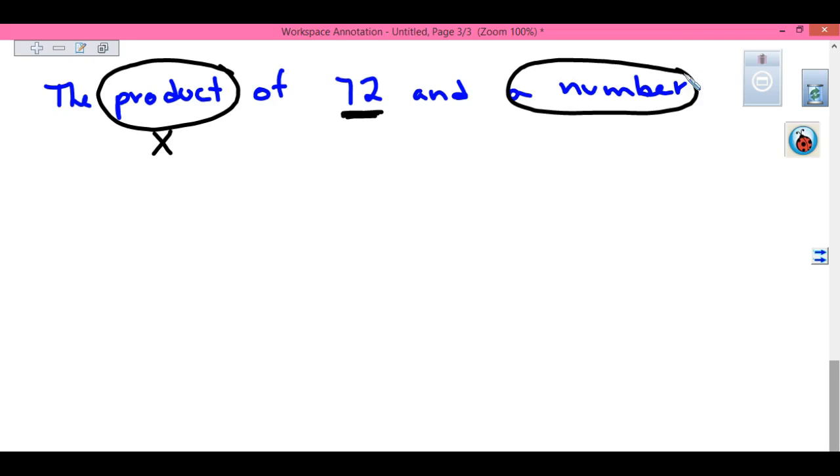A variable. What's a variable? A letter, right? What variable do you like? Okay, X, M, G, any letter would work. So the product, and this is multiplication right here, of 72 and a number. That means 72x.